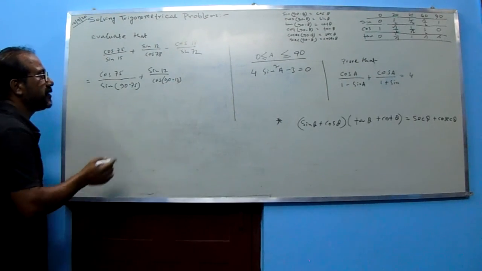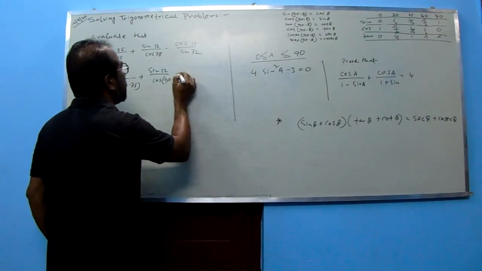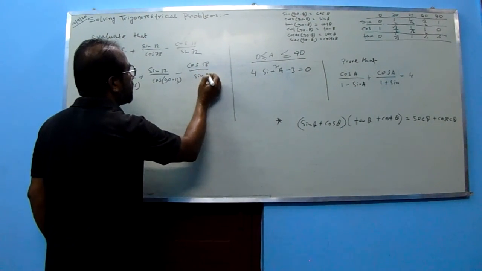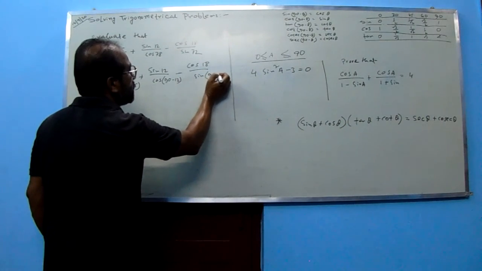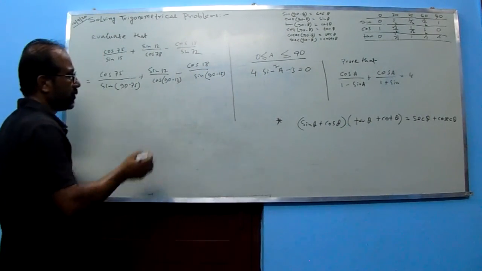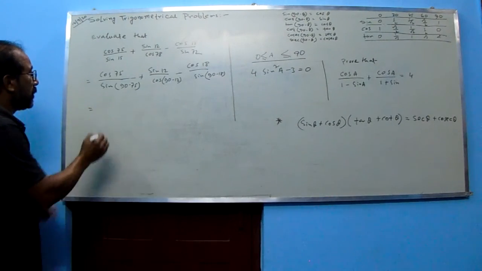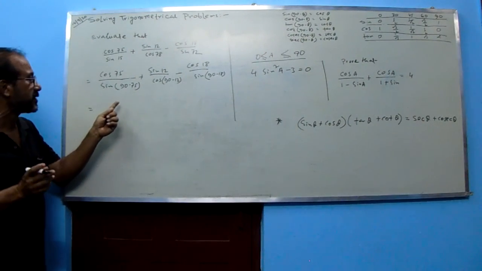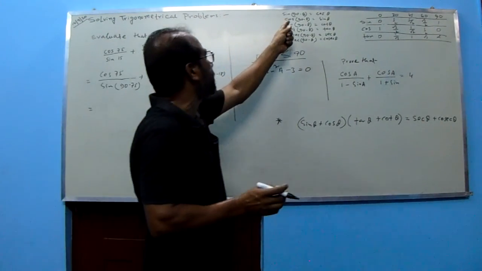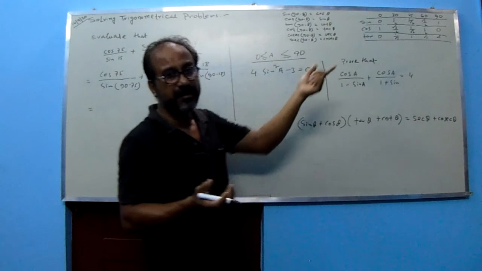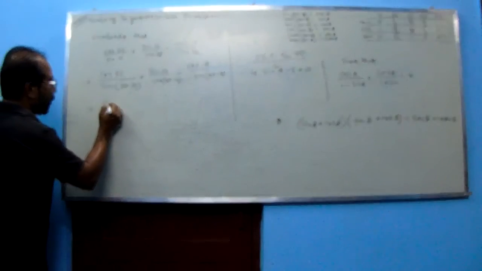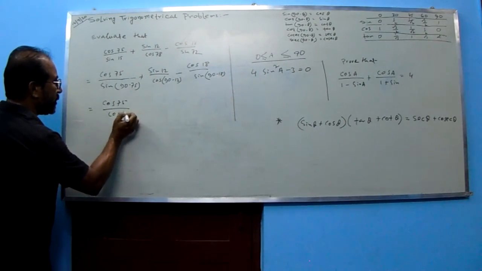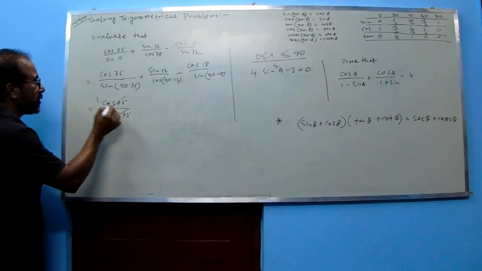Again cos 18 in the numerator is the same, and the denominator is written as sine 90 minus 18, which is 72. So cos 75 by sine 90 minus theta, where 75 is treated as theta. Sine 90 minus theta is cos theta. So cos 75 divided by cos 75 is gone. Simple, it comes like that.